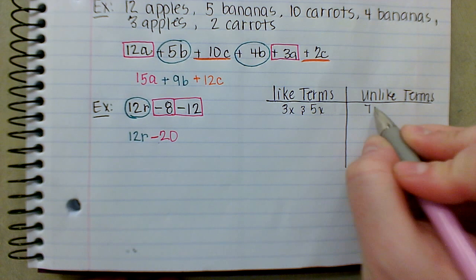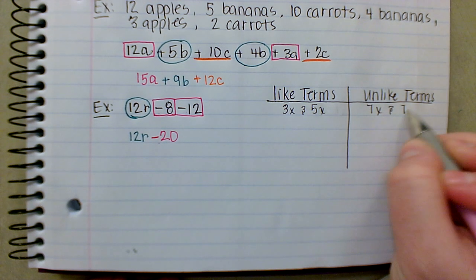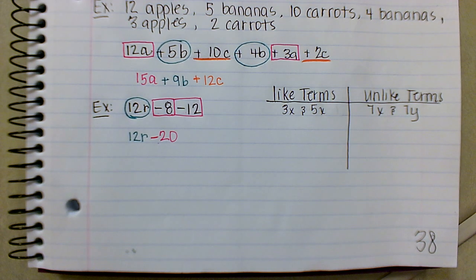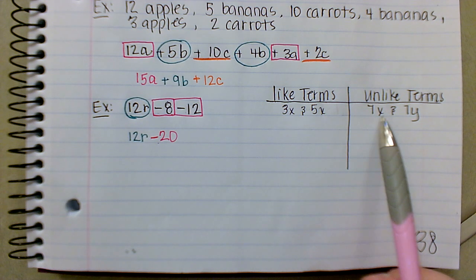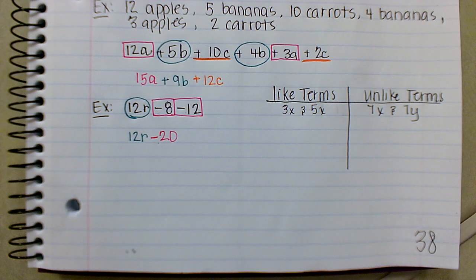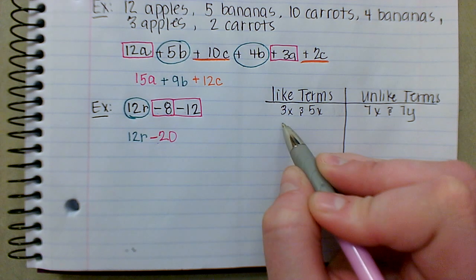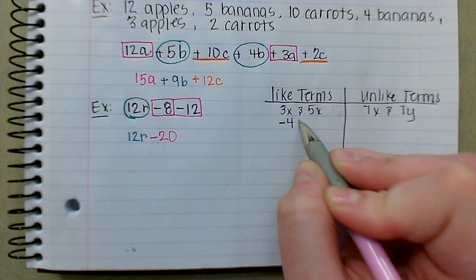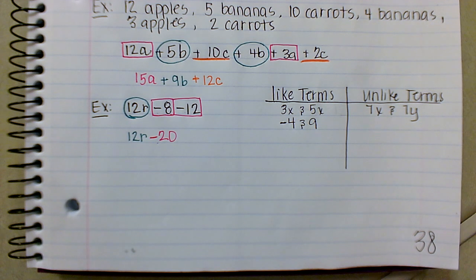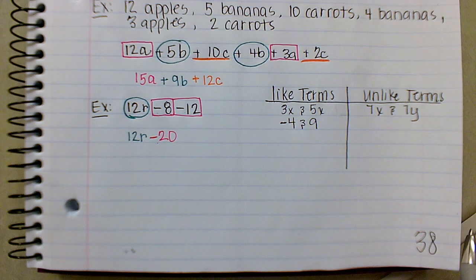But if we have something like 7x and 7y, even though they have the same coefficient, they are not like terms. They do not have the same variable. Now, we did this example earlier, but say we have -4 and +9. Those are like terms. You can do that.